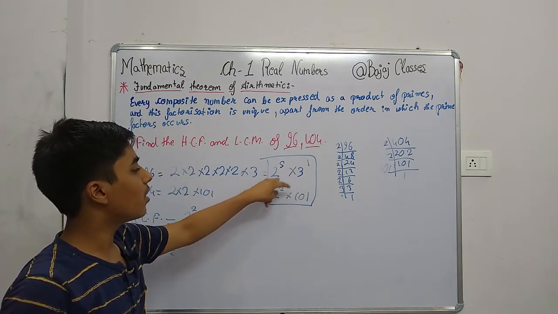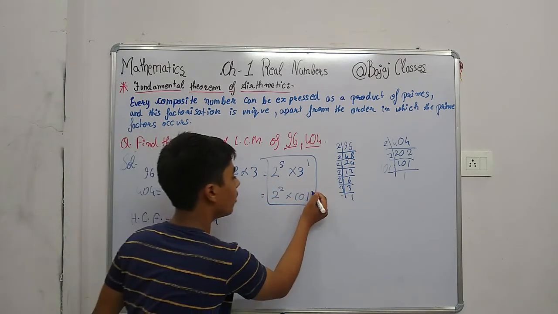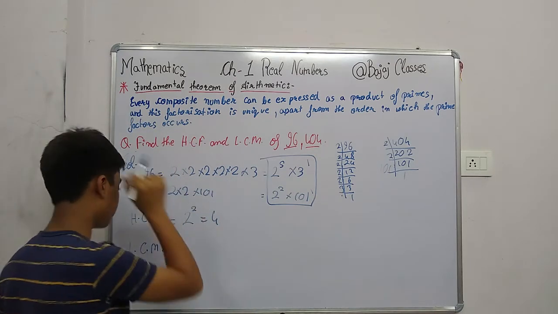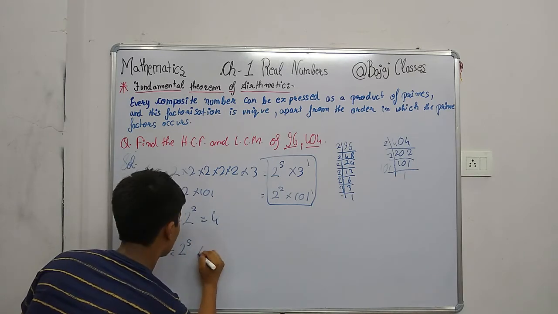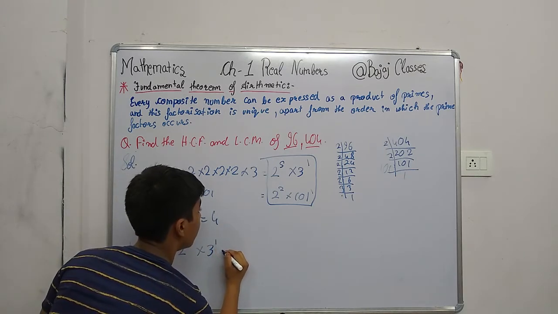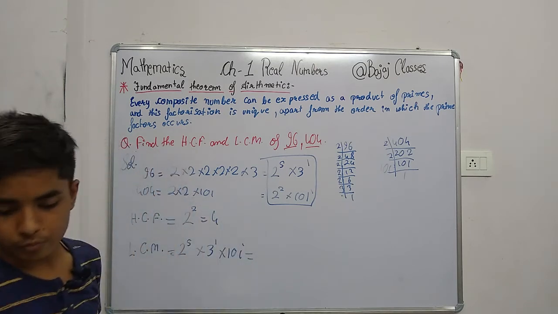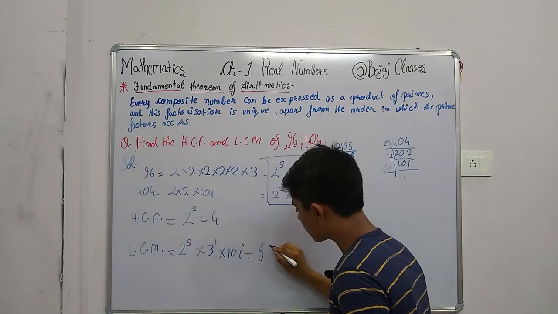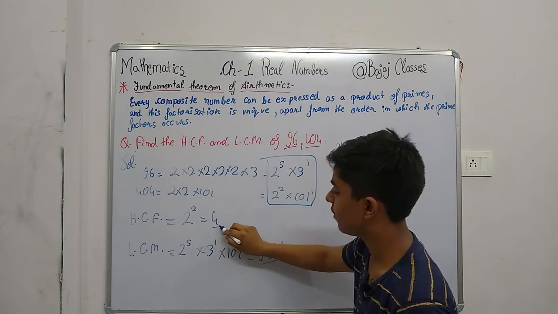So 2 raised to the power 5, 3 raised to the power 1, and 101 raised to the power 1. So 2 to the power 5 into 3 into 101. What will be the LCM? 9696. This is a very big term, you have to solve this. The LCM is 9696 and the HCF is 4.